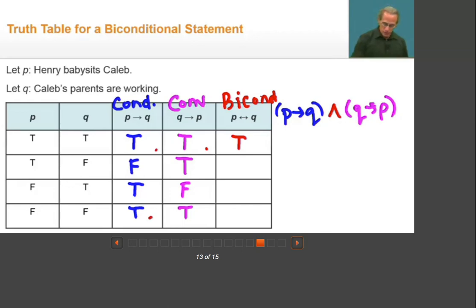That occurs in the first and the fourth row. But with a conjunction, if either statement is false, which occurs here, then the conjunction is false.